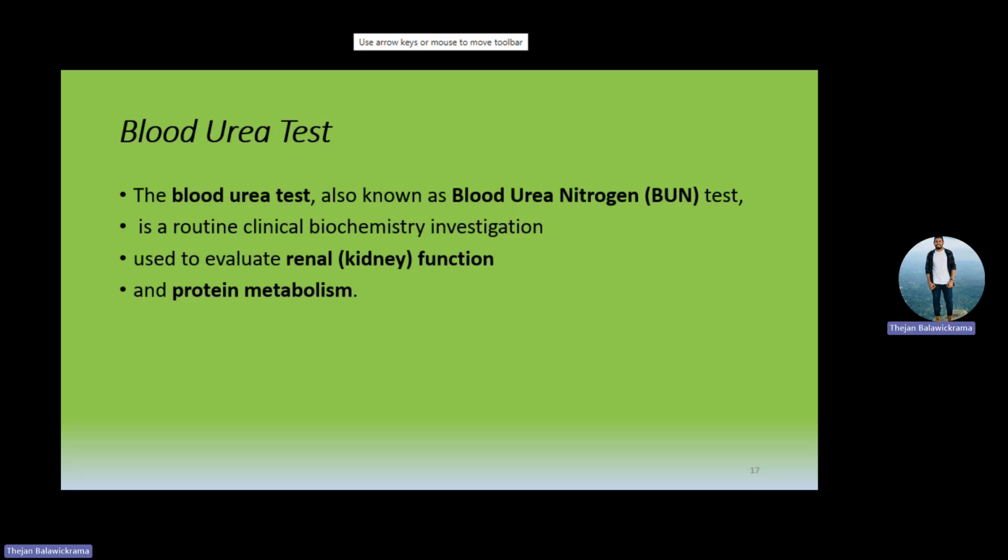Urea. This is urine. So we check about the blood urea test. Remember, from the very beginning we talked separately about carbohydrates, lipids, proteins, vitamins, minerals.